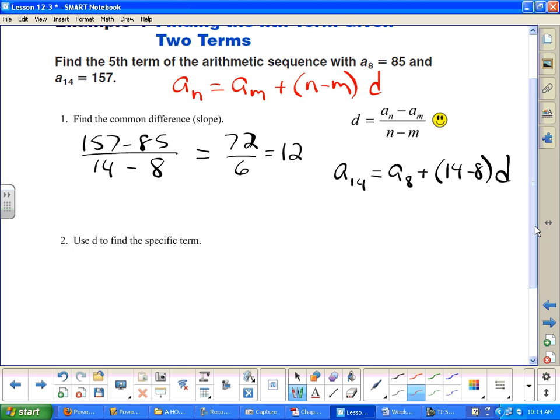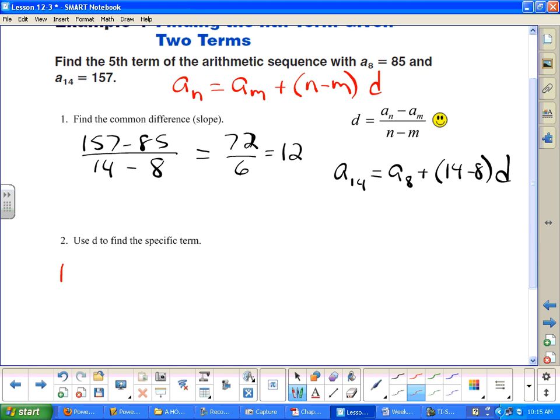or I could just use my knowledge of getting from the 8th term to the 5th term, which means instead of adding 12 to get from the 5th to the 8th, I could subtract 12. Okay? So let's look at it a couple different ways.